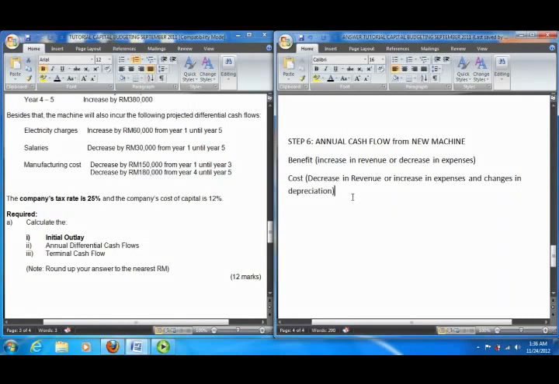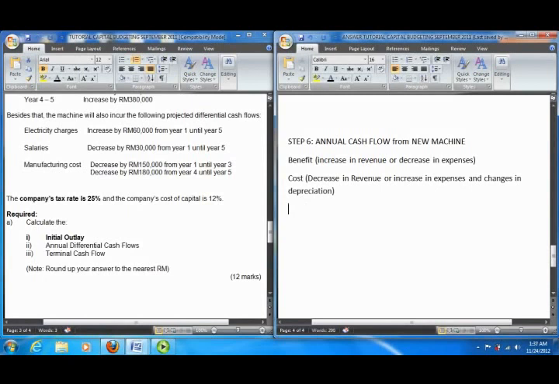Cost is the situation when your sales decrease, increase in expenses, and your changes in depreciation, we classify it as cost. Alright, class. This is the first step in step 6. Alright, you need to know step by step how to calculate benefit and how to calculate your cost. This is the format for step 6.